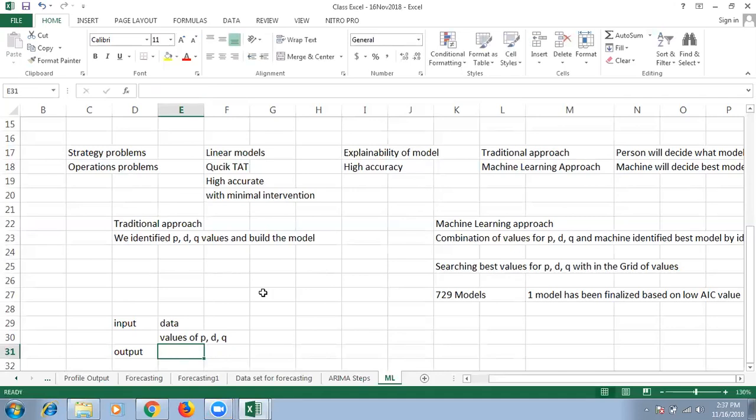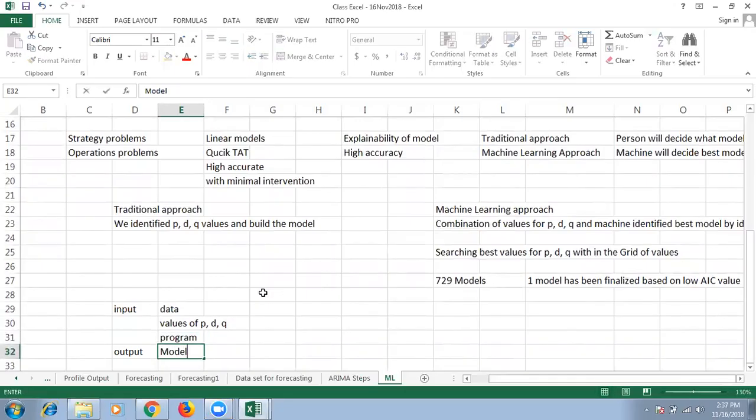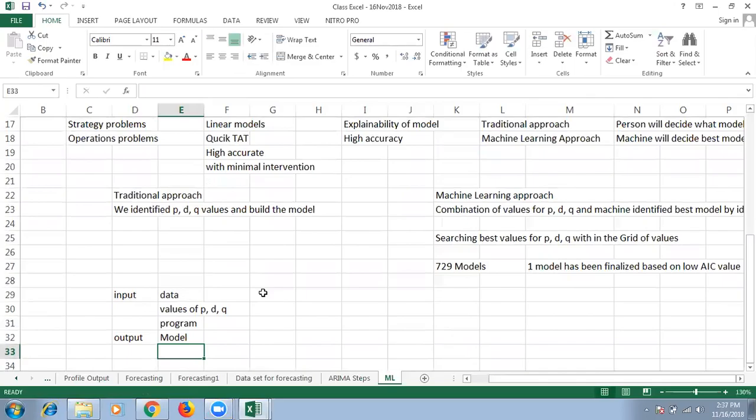Of course, sorry, we gave the program and then you got the model. Am I correct or not? So the data we gave, the values of PDQ, once you give the PDQ, that is the program, right? Based on the PDQ only, the SARIMAX you applied and you got the best program for that.